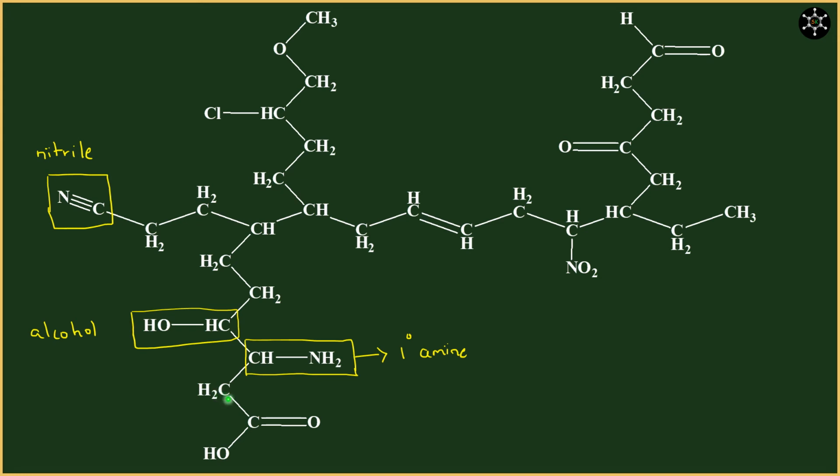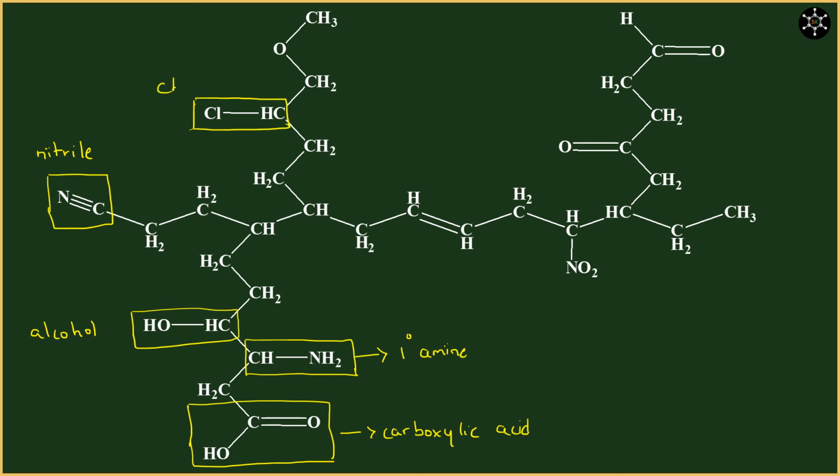Then we have carbon connected to C double bond O, OH. So this is carboxylic acid. Going up, we have CH connected to chlorine, that is a halogen.